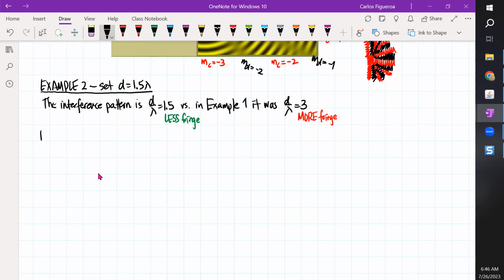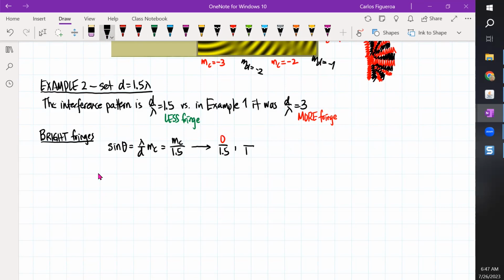So now let's look at the bright fringes. I'm going to go through the sequence here. So I'm going to have sine of theta, which is lambda over d, mc. So this value is mc divided by 1.5. Now let's follow the sequence. So then I'm going to get 1.5, 0.